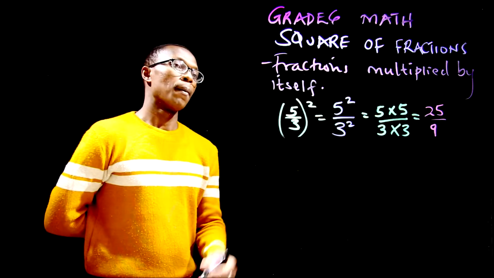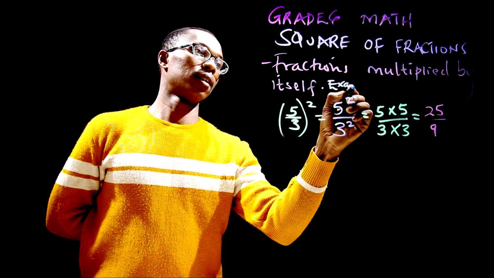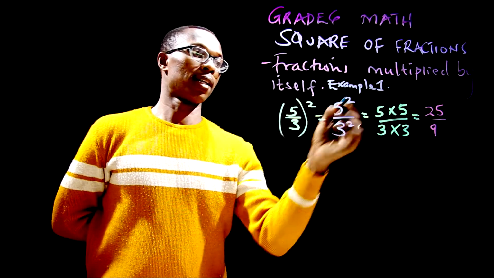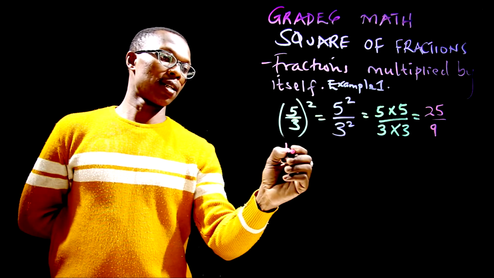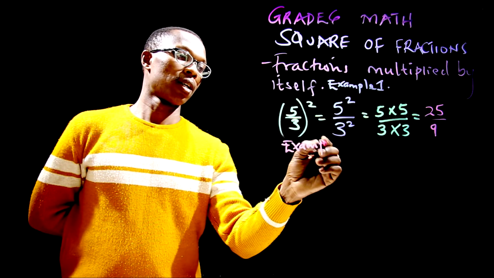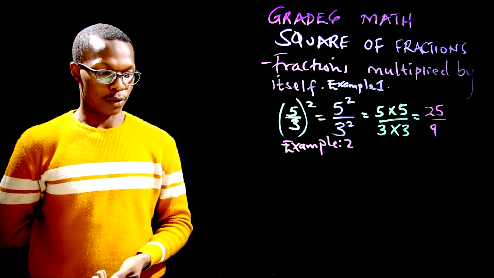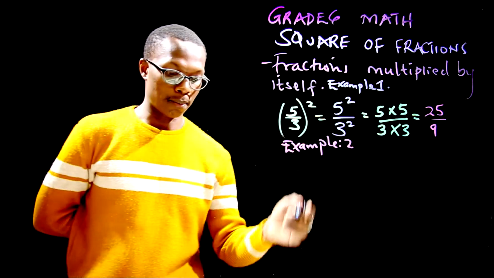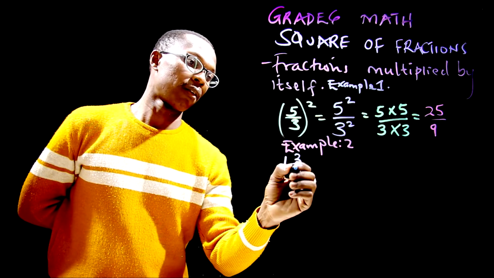Is it clear? Perfect. Let's have another example, example 2. I like it when we have different examples, because in this second example we're going to find the square of a mixed number. Here we have 1 and 3 over 5.